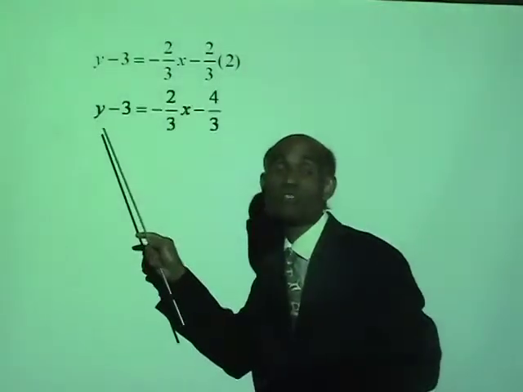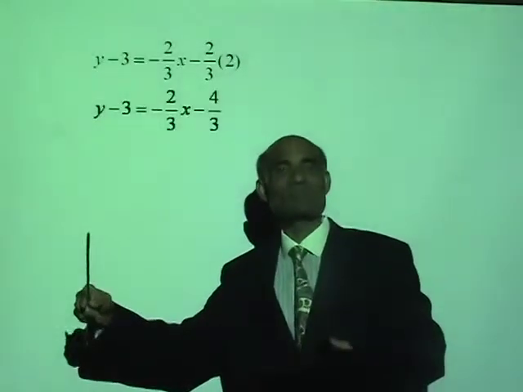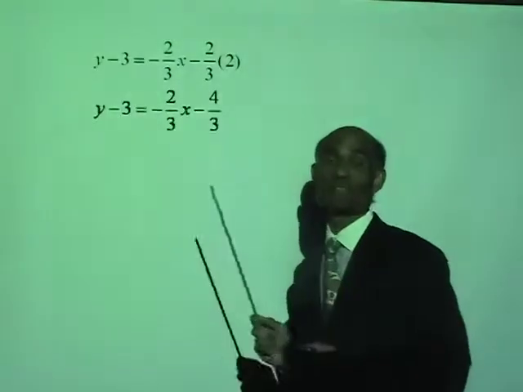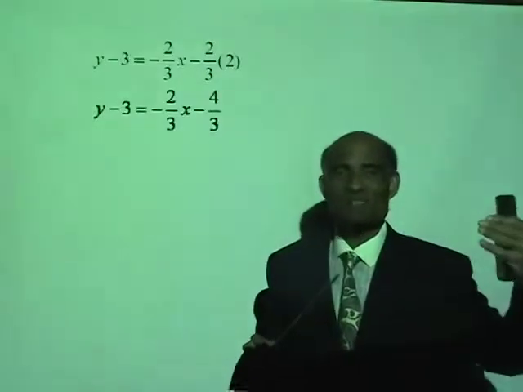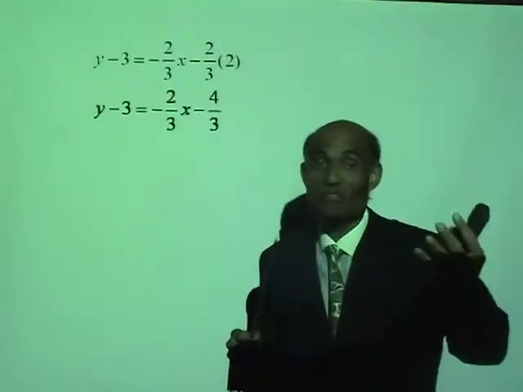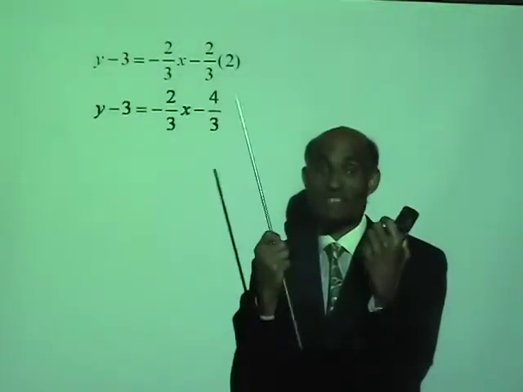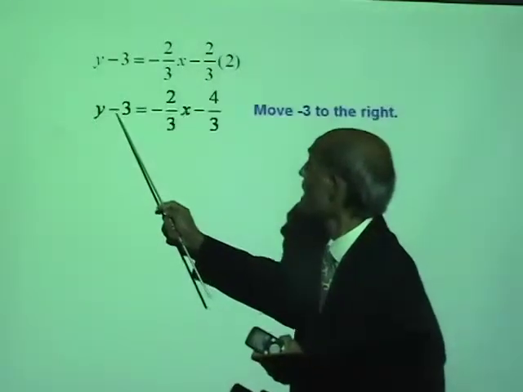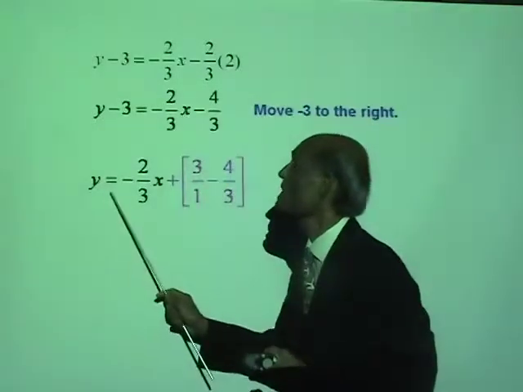And we need to write it in the form y equal to mx plus b. That means this -3 needs to move to the right. This is a good example to review how to add and subtract fractions. Didn't I tell you that is one of my favorite? And I want my students to really master that skill. It's very important. So, move the -3 from left to right. What do you have? Look at the way I wrote it.